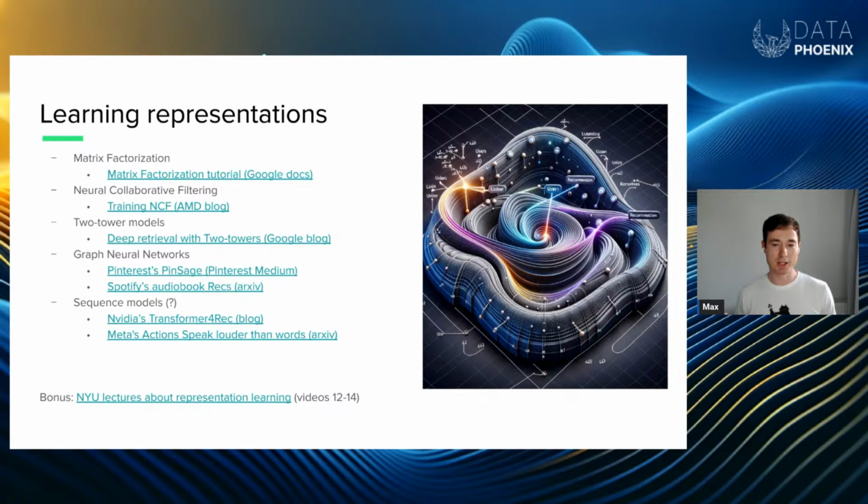If your item catalog is changing all the time, and your user base is changing all the time, you don't need to retrain everything once you have a new user to compute the embeddings.